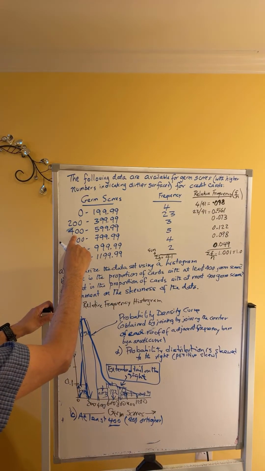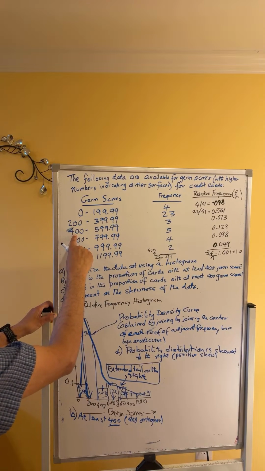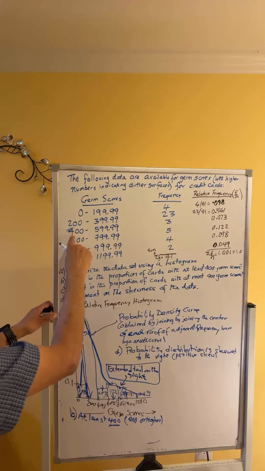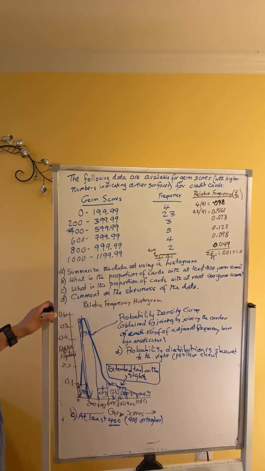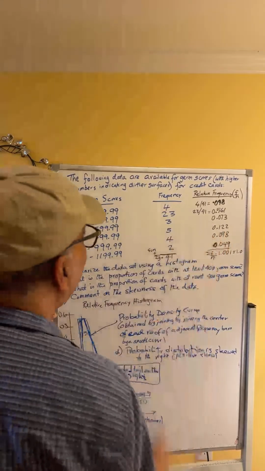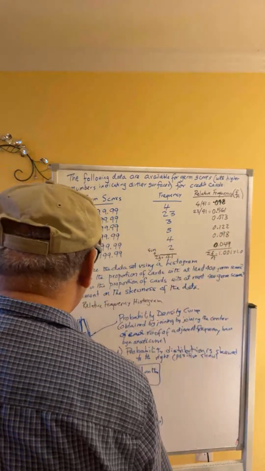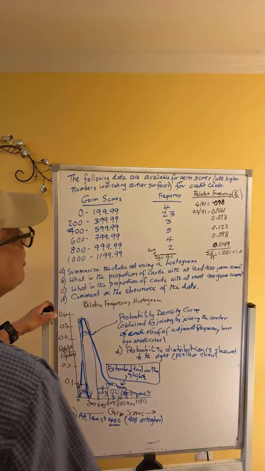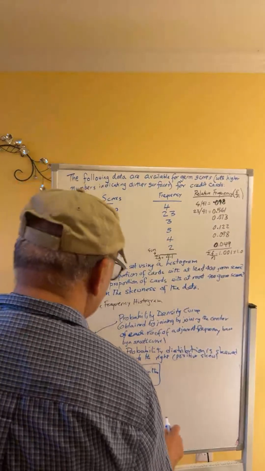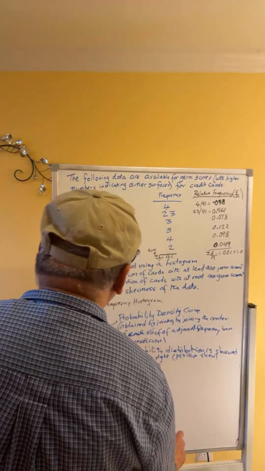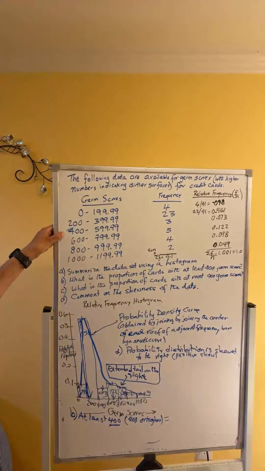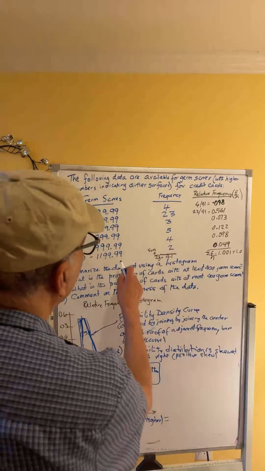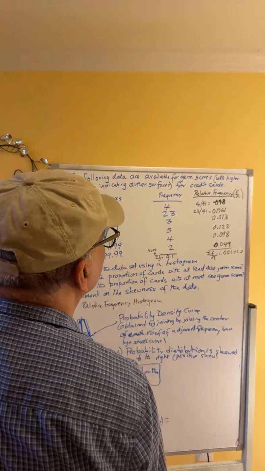Remember, the third class starts from 400. So this is the lowest boundary 400, and you go to the highest, which is 1200. So we add the relative frequency of the classes from the lower boundary at 400 to the higher boundary of 1199.99.